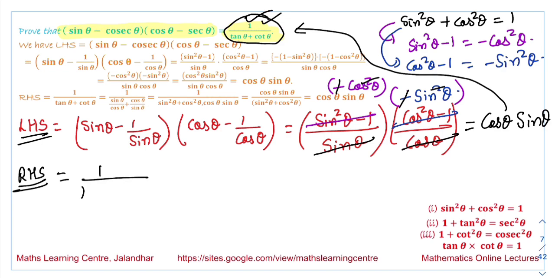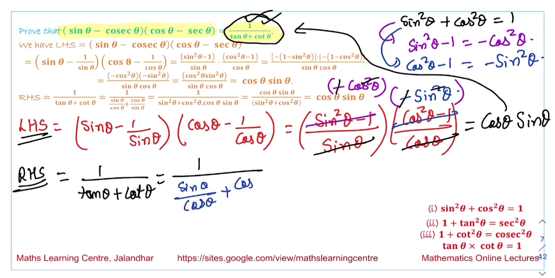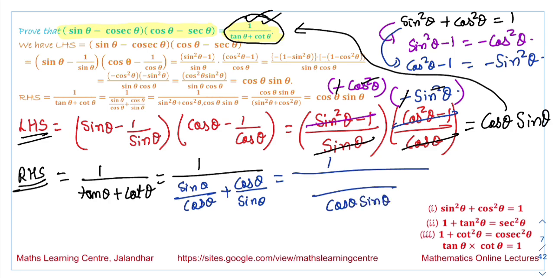So it is 1 over tan theta plus cot theta. This is equal to 1 over sin theta by cos theta plus cos theta by sin theta. If we take the LCM over here, it is cos theta into sin theta, and the terms over here are sin square theta plus cos square theta. Now what is sin square theta plus cos square theta?